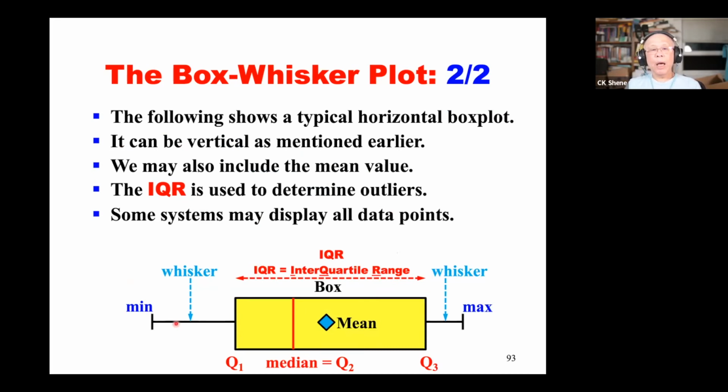We draw a line segment from the minimum to first quartile, and also a line segment from Q3 to maximum. These two are whiskers. As I mentioned, some systems may draw those data points on this line segment. The IQR is used to determine outliers.